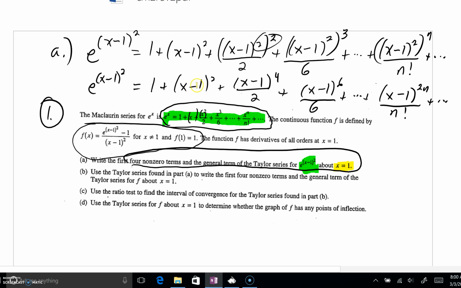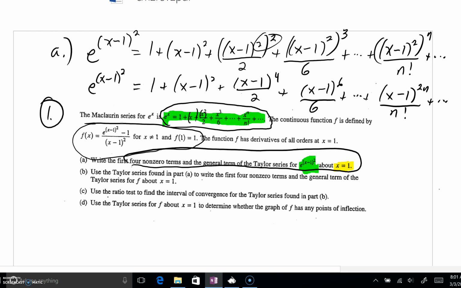So every expression with an x raised to a power, it must be x minus 1 raised to a power. And that's why we can just do a direct substitution here. So part A, they asked for us to get those first 4 terms and the nth term. We have that. And it is a Taylor series about x equals 1.